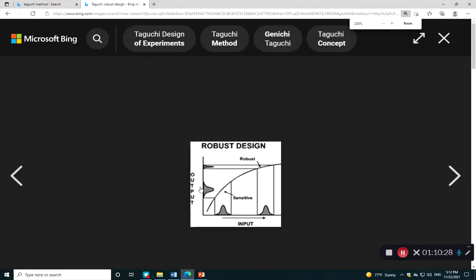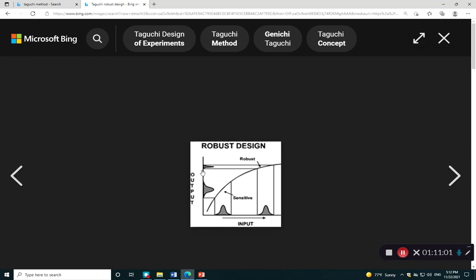I can have the same input with this much of variation and this much of variation. And whenever I have the input variations, I will cause this much of output variation. That's bad news. What I want is to have a lot of variation in my input, but the output is robust, the variation is small.